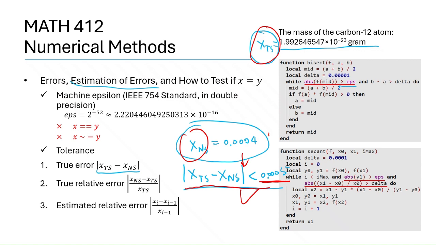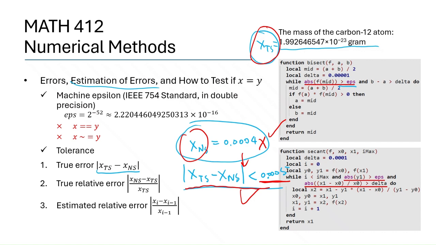Therefore, you believe that's a good approximation of the mass of the carbon-12 atom. Of course, that's a very, very poor one. So normally we don't use such a measurement of error. It's not a good measurement.